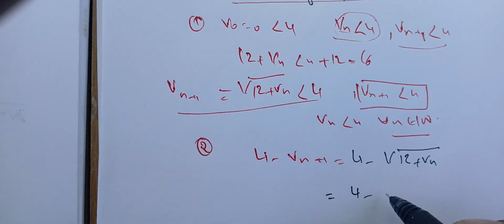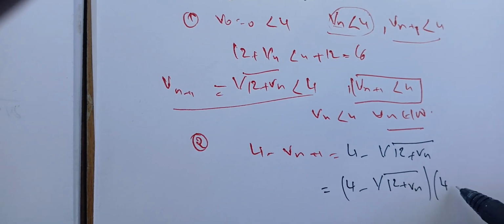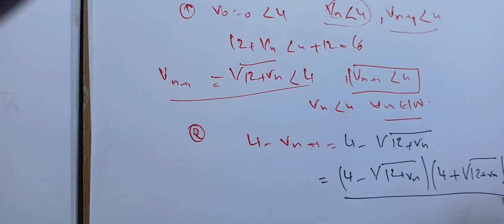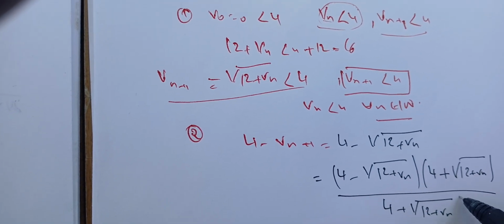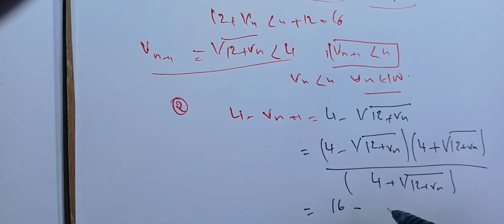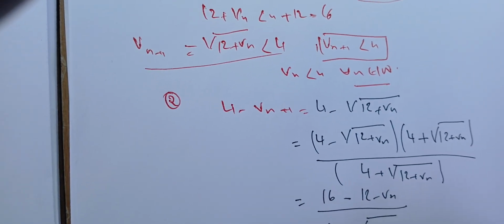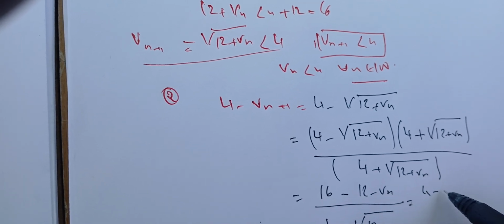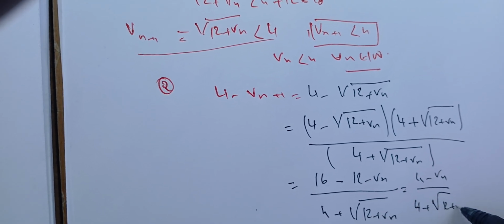So we multiply 4 minus the square root of 12 plus Vn by 4 plus the square root of 12 plus Vn, and we divide by 4 plus the square root of 12 plus Vn. Using algebra, we have 16 minus 12 minus Vn over 4 plus the square root of 12 plus Vn, which is 4 minus Vn over 4 plus the square root of 12 plus Vn.